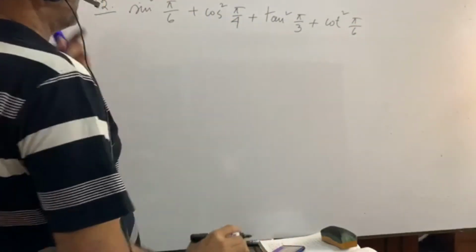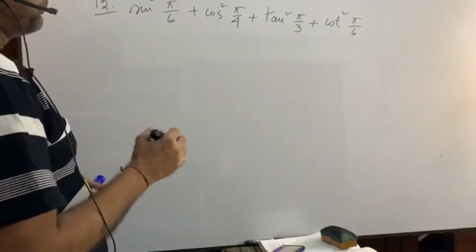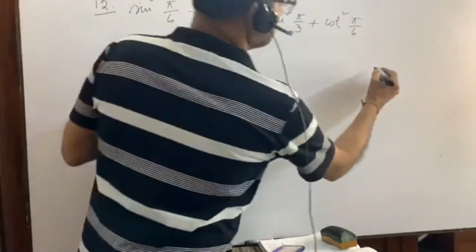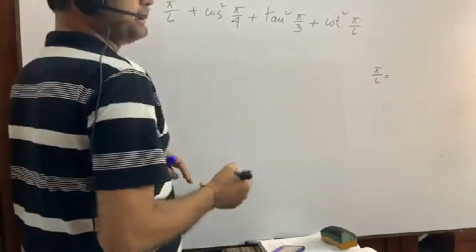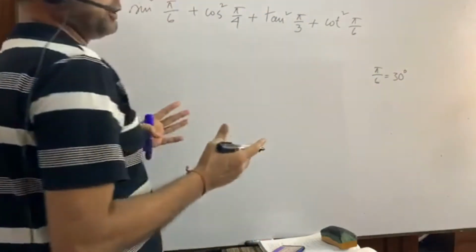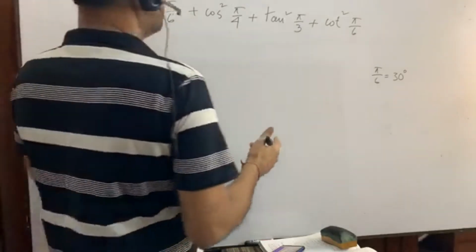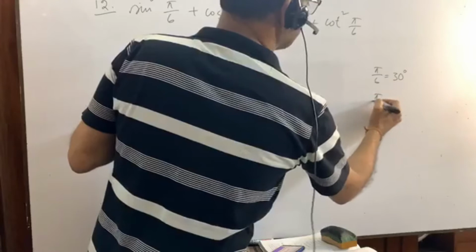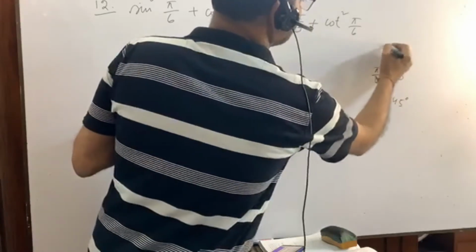You see, at first, what is the value of pi by 6? Pi equals 180 degrees, so pi by 6 is 30 degrees, as you know from general mathematics exercise 9.2 in degrees. Pi by 4 equals what? 45 degrees.